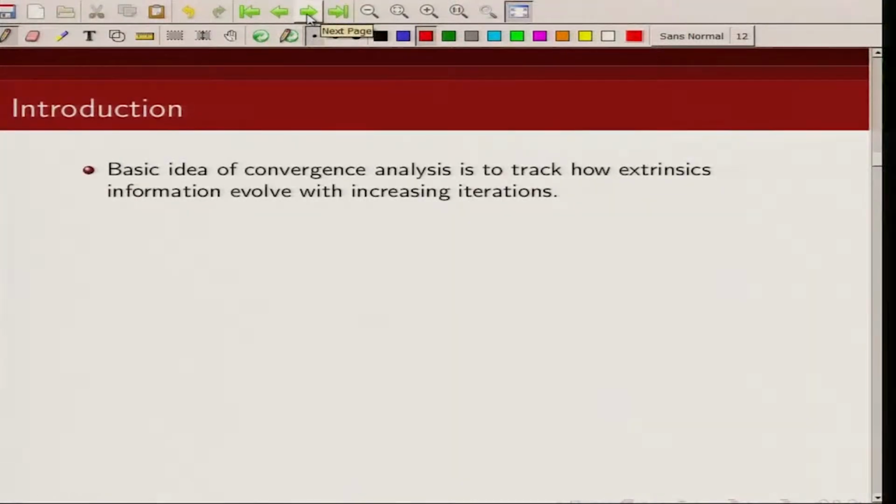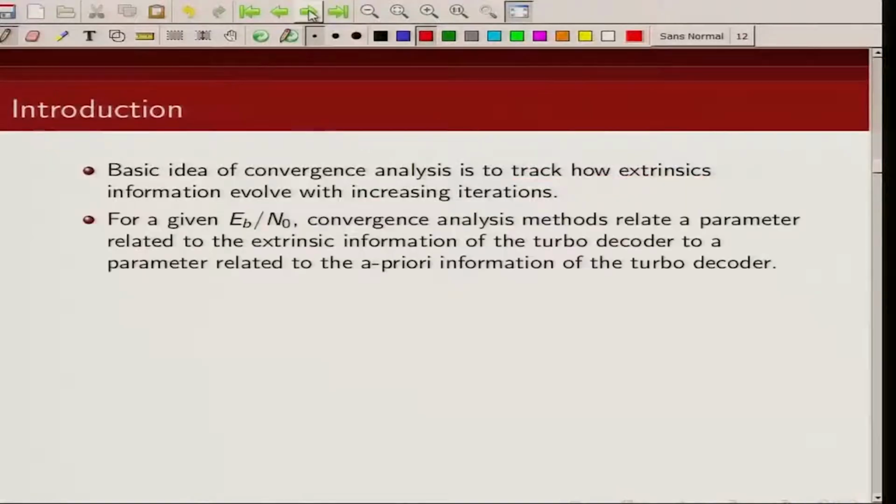So, basic idea of convergence of turbo code or convergence analysis of turbo code is to track how these extrinsic information are evolving with increased iteration. So, if you feed in better a priori value, how is your extrinsic information evolving?